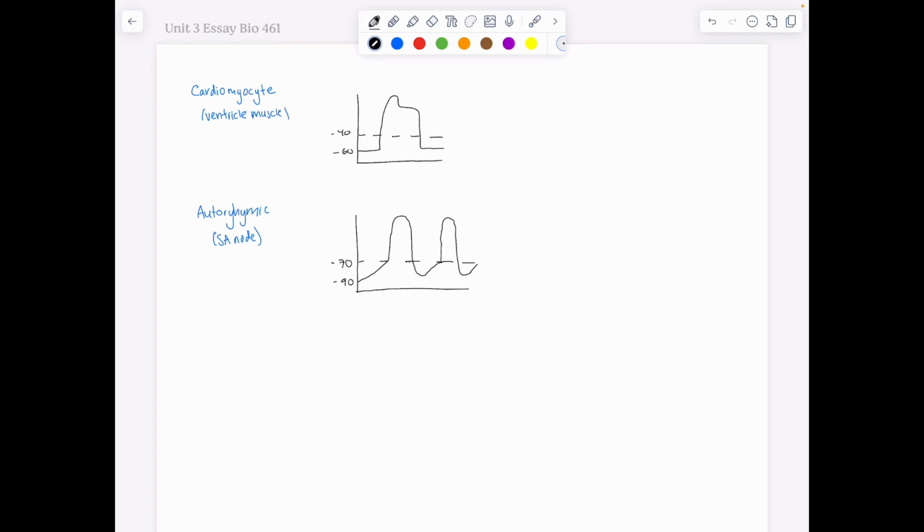For this beginning phase right here, we have our IK1 channels, and I means current. And so we're going to have potassium coming in, and then once we hit here, our potassium begins to close, and our sodium begins to enter.